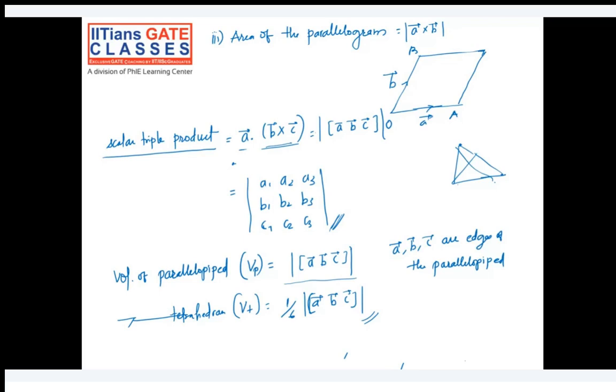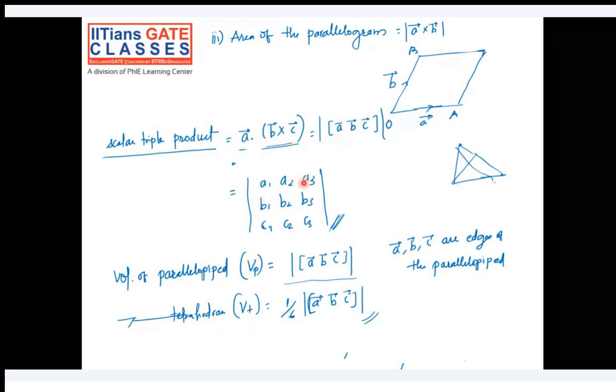And why is this helpful? Because this will give us the volume of the parallelepiped. And 1/6 of the scalar triple product will be the volume of the tetrahedron.